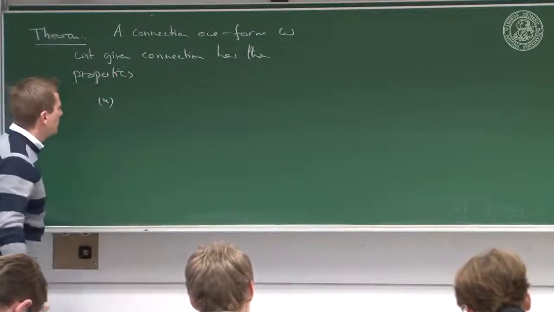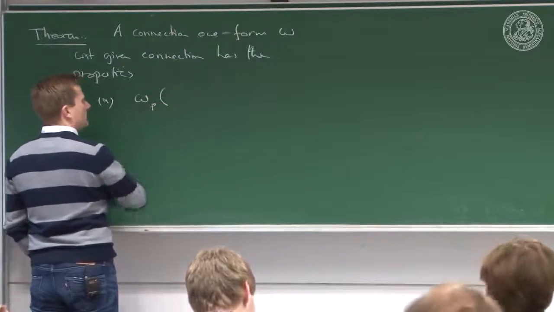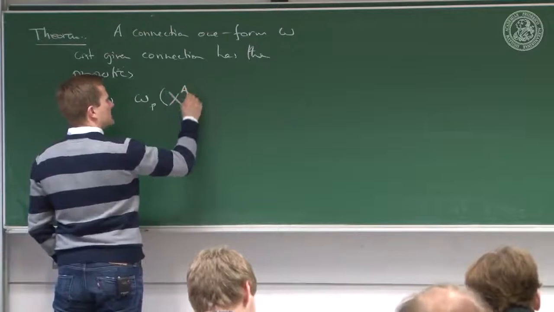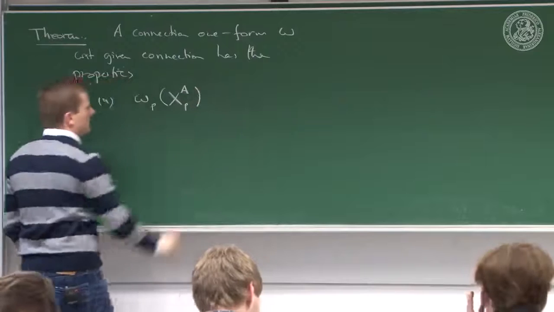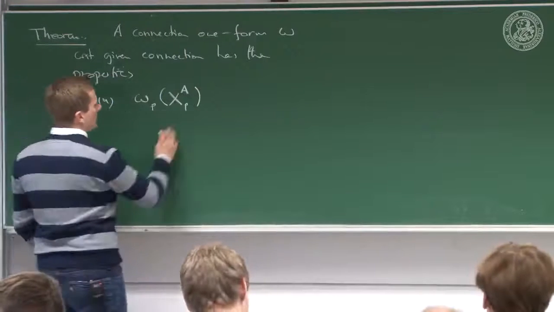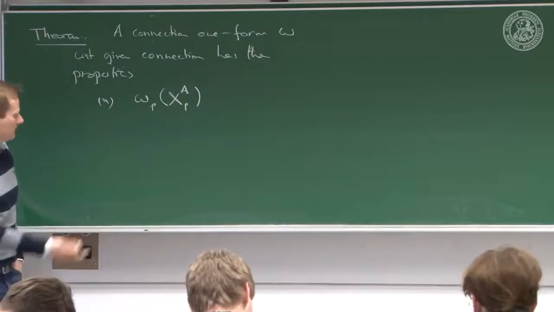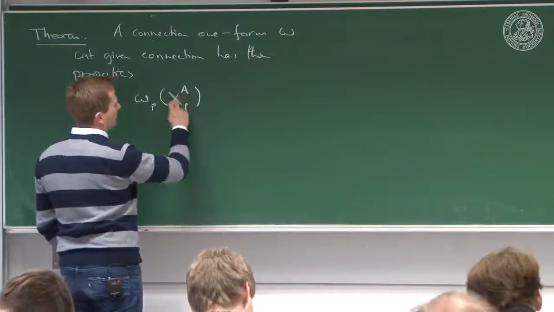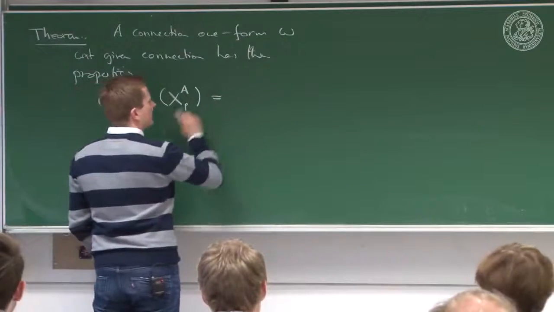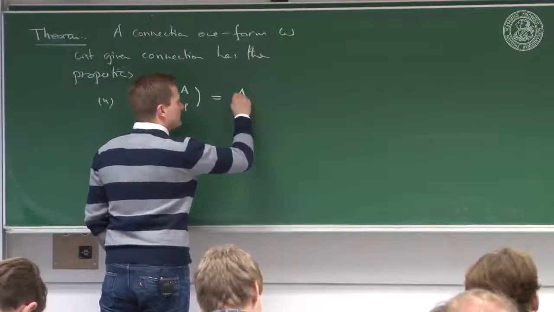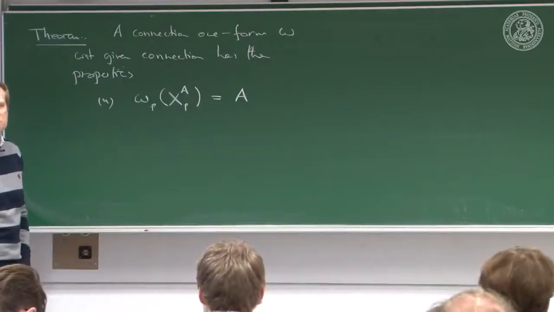has the properties. A. If I take the connection one form at a point P and apply it to this vector field X_A, or the thus induced vector at the point P, which we got from acting, well, we had this definition of this vector field on P that's generated by an element of the Lie algebra, then the connection one form yields the Lie algebra element A. That's just it.